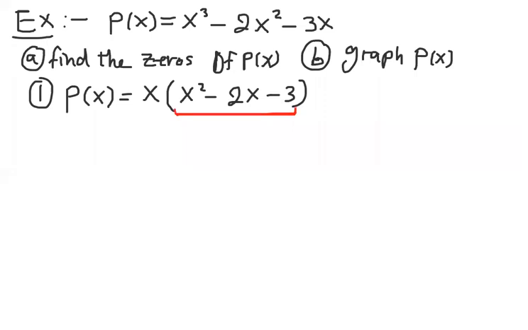So the whole factor for this polynomial is x times, we're looking for two numbers whose multiplication is -3 and whose sum is -2. What is the number?